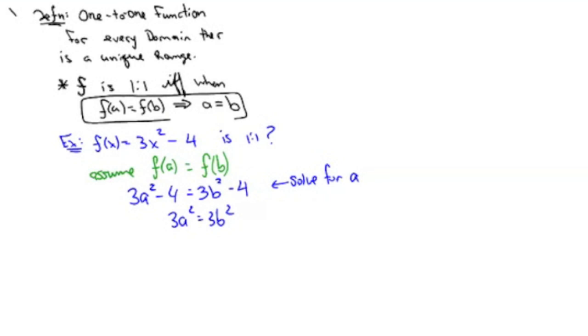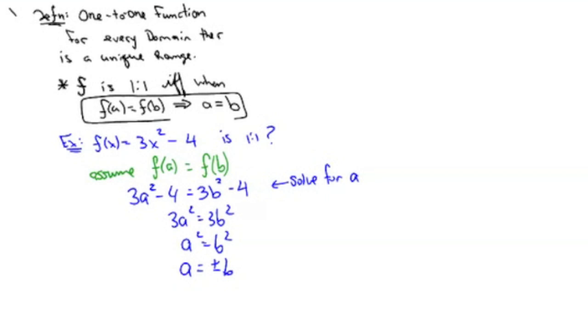How do you solve for a? Divide both sides by 3 and you get a squared equals b squared. Square root both sides and you get a equals plus or minus b.